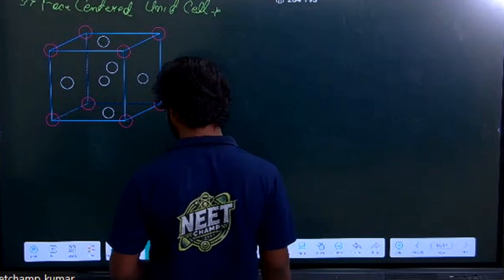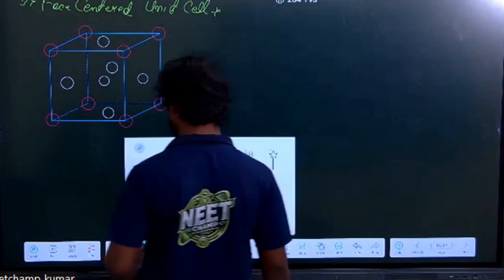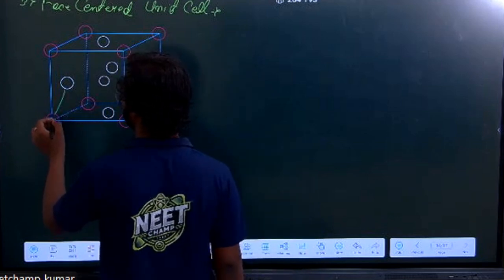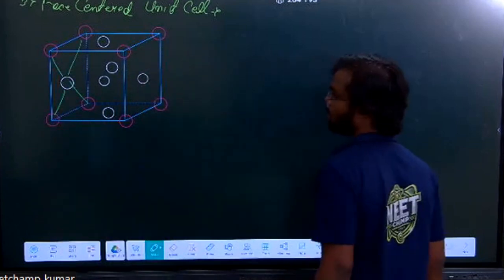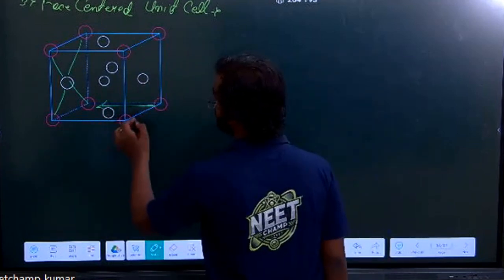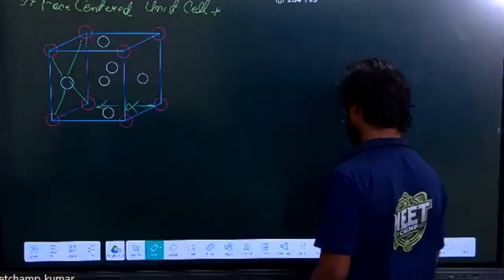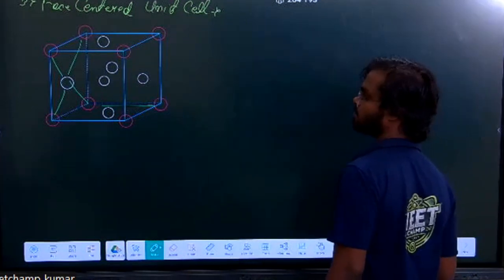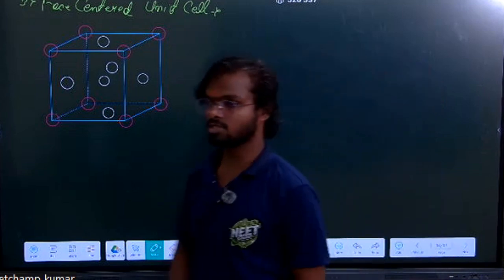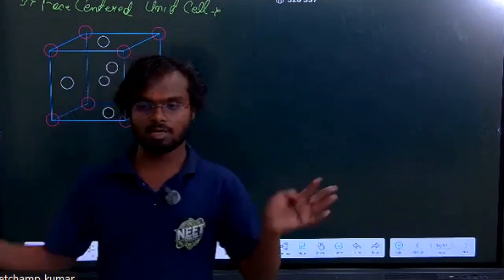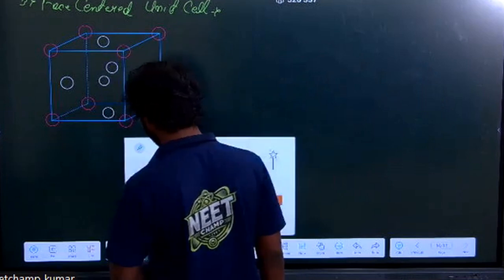What I am trying to say is that the face centered atom is going to touch these. The corner atoms cannot touch each other. This is not possible. As similarly we have seen in the previous case, the body centered atom is going to touch the other atoms. Corner atoms are not touching each other. So let me write the thing.